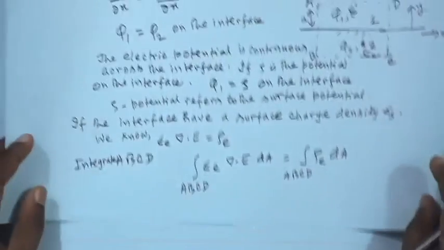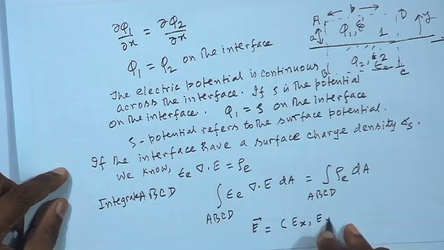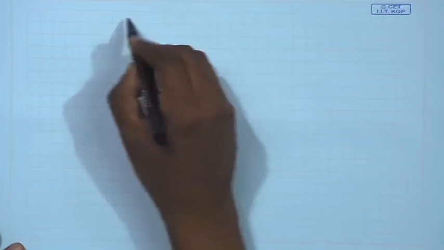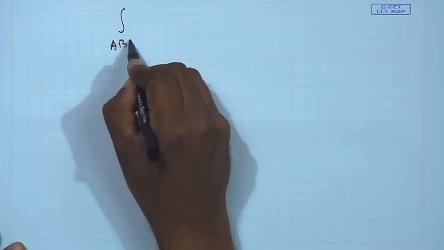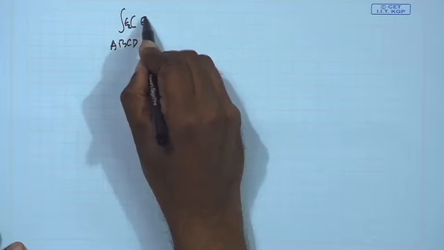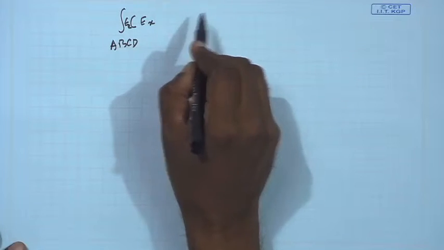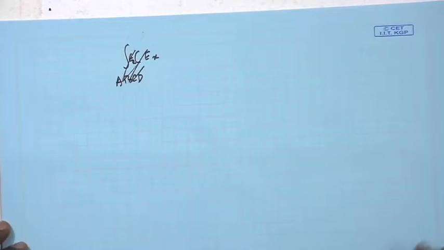Now, E is the electric field vector, so let us call Ex and Ey the 2 components of E. This integration can be written as the integral over the area ABCD of epsilon E Ex, sorry, this is not the one, because the divergence of E is present.